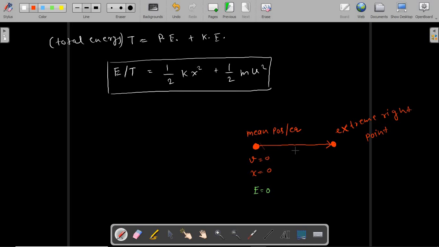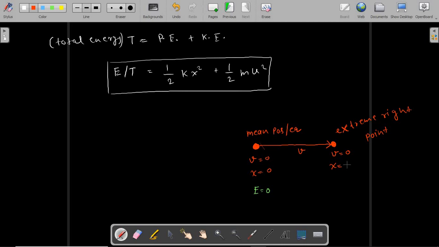With that velocity, the spring comes to the extreme point, and here velocity becomes 0. Why does it stop? Because the spring is completely pulled, so its velocity becomes 0 at this point. If v is 0, what will x be at the extreme right point?